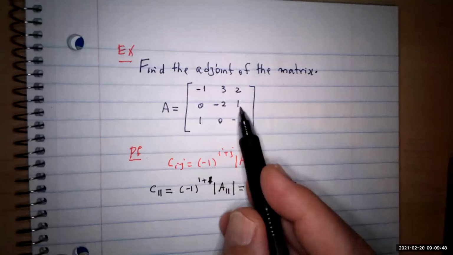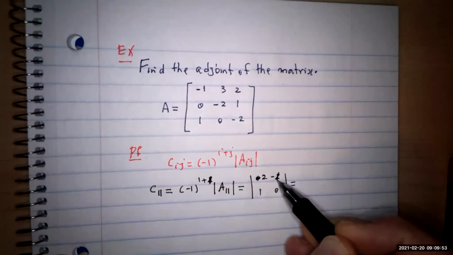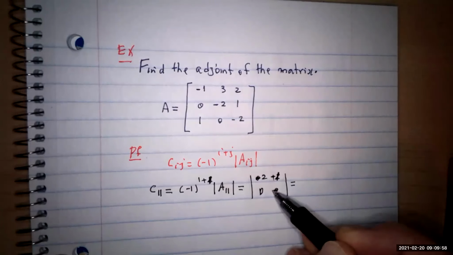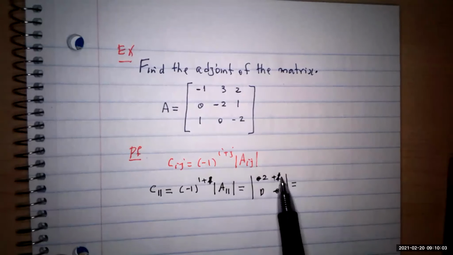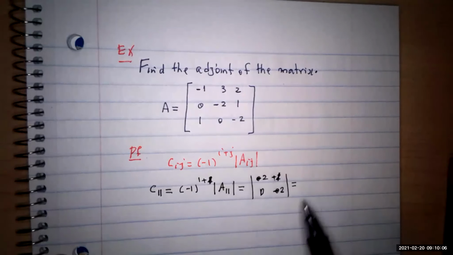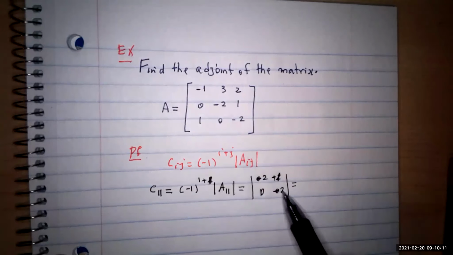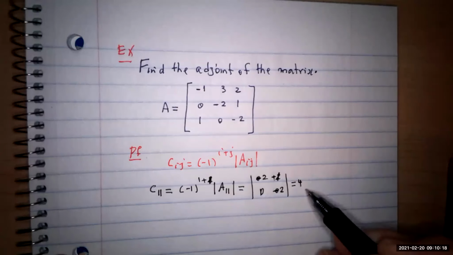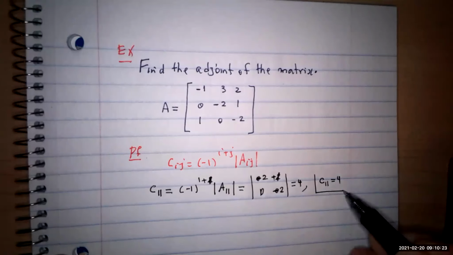The resultant matrix is -2, 1, 0, -2. So 2 times 2, so this is -2, -2, so that gives you 4. So C11 is equal to 4.